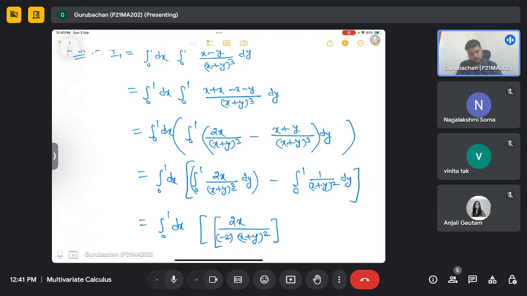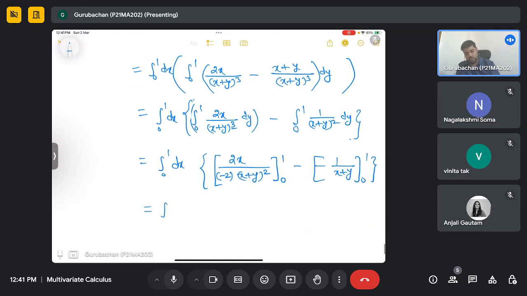So we will put the limits 0 to 1. Similarly, this will give us minus 1 by (x plus y), at 0 to 1. Okay, this will be 0 to 1 dx, when we put the value of y.